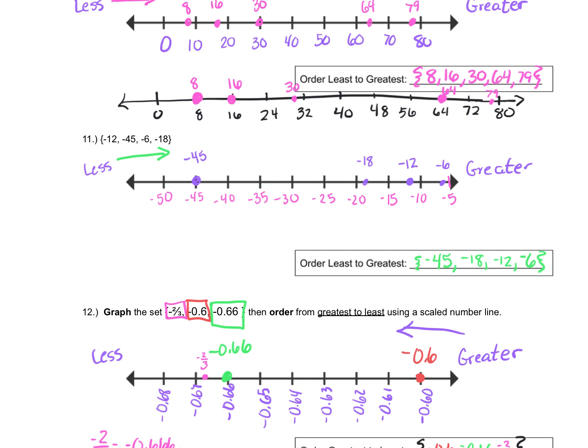So I'm talking hundredths here. I converted this into a decimal. When I did negative 2 divided by 3, I got this negative 0.66 repeating, right? So that's how I figured that out.